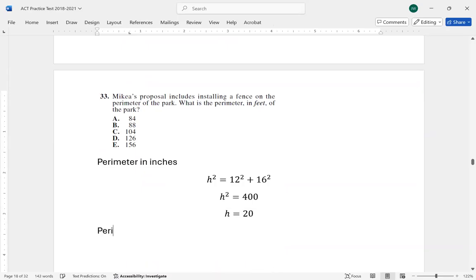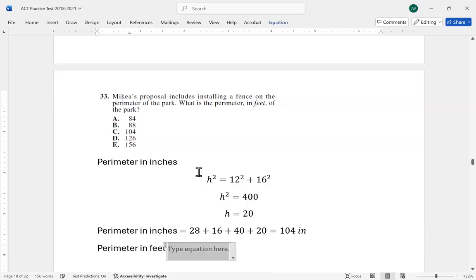So that means the perimeter in inches is going to be equal to the 28 plus the 16 plus the 40, and then plus the hypotenuse of 20 inches. So that becomes 104 inches. That's inches in the scale drawing.